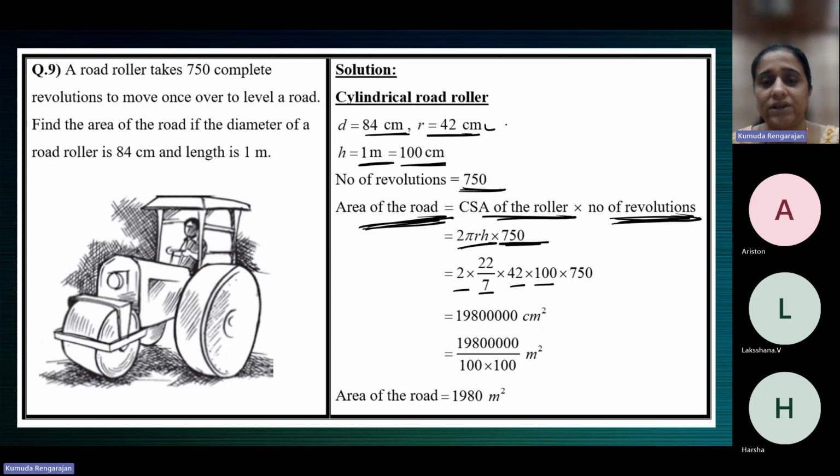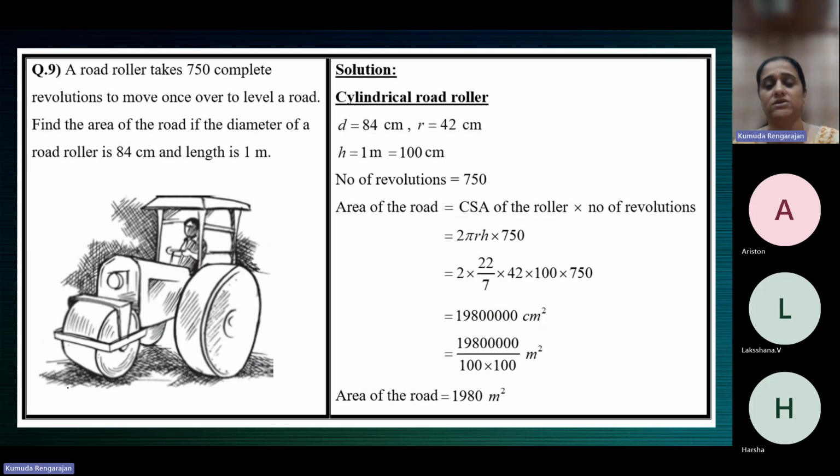You must have both radius and height in the same unit. You cannot substitute radius in centimeters and height in meters. Both must be in centimeters or both in meters. So 2 pi RH into 750 gives this value in centimeters square.